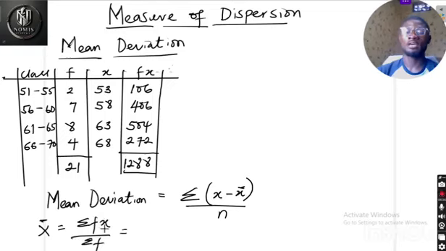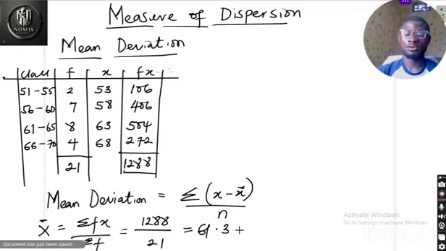So summation fx is 1288 divided by summation f, which is 21. 1288 divided by 21, let's calculate, we will have 61.33.